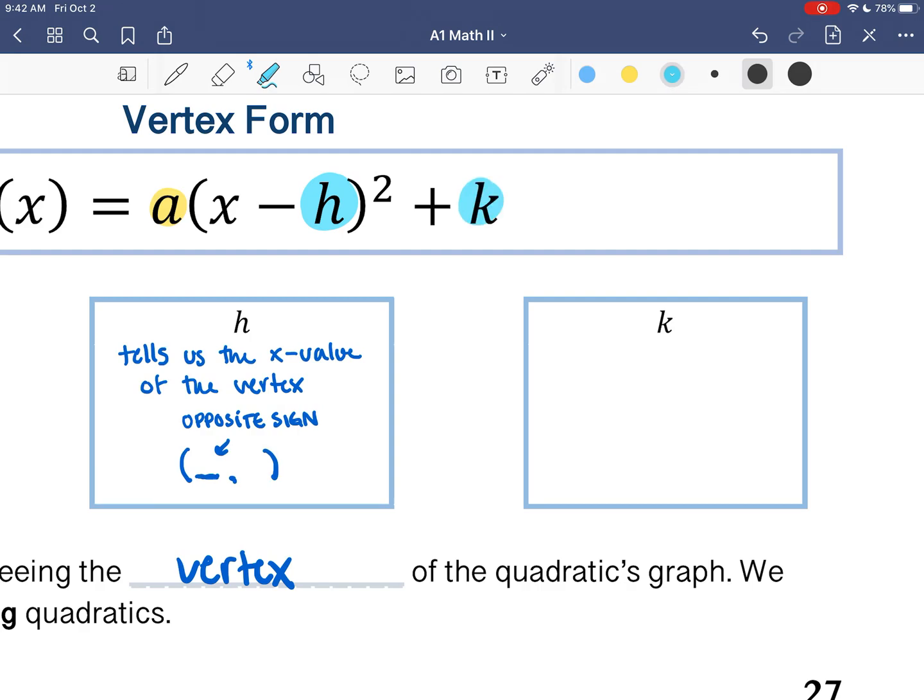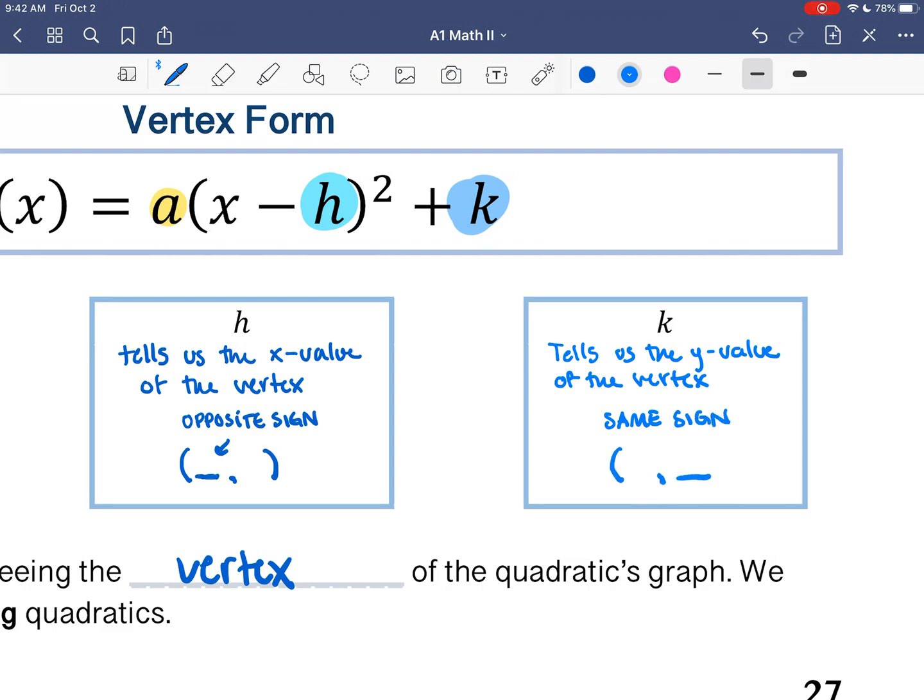And as you might imagine, the k value is the other number. The k value tells us, and this is the same sign, which is why this one is a little bit confusing, but this tells us the y value of the vertex, and this is the same sign.